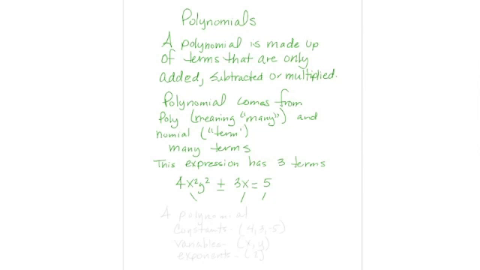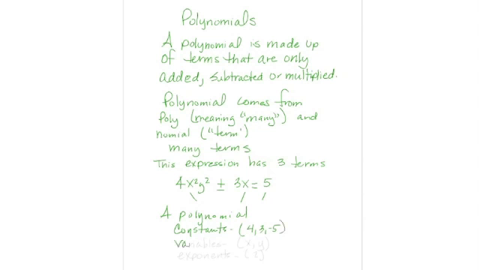A polynomial can have constants. Those are the numbers that go before the variable, like 4, 3, or any of those numbers.